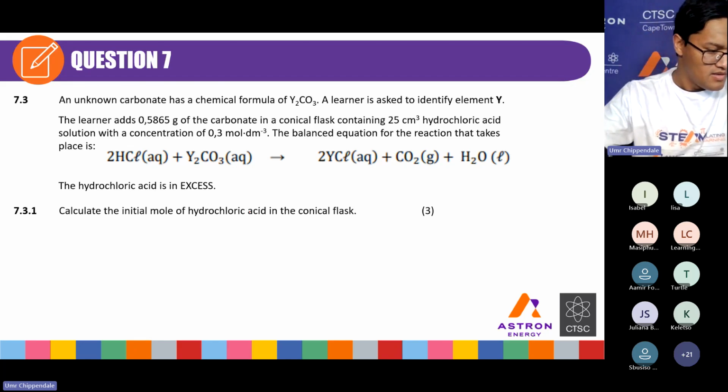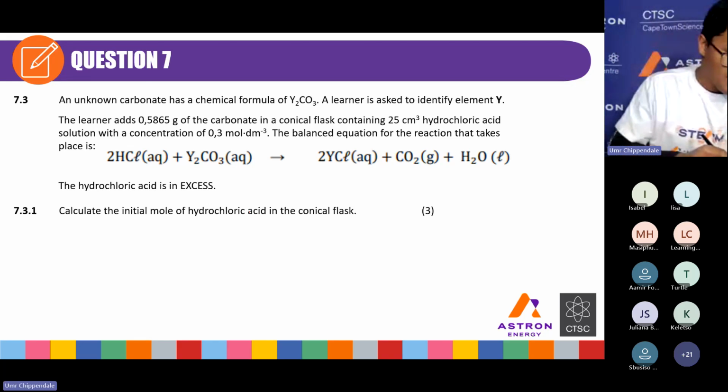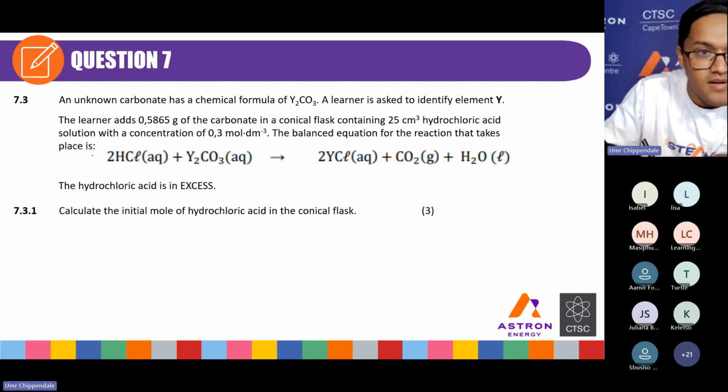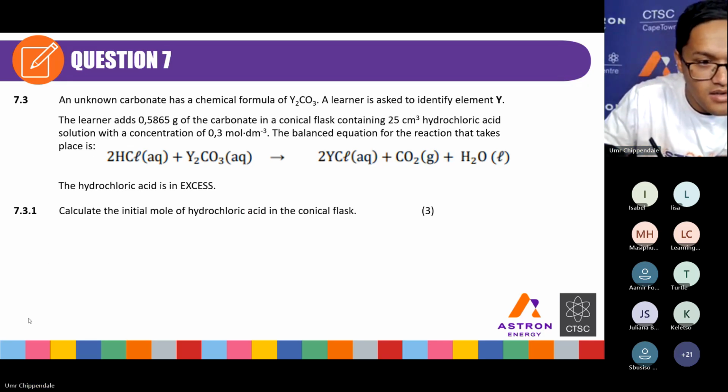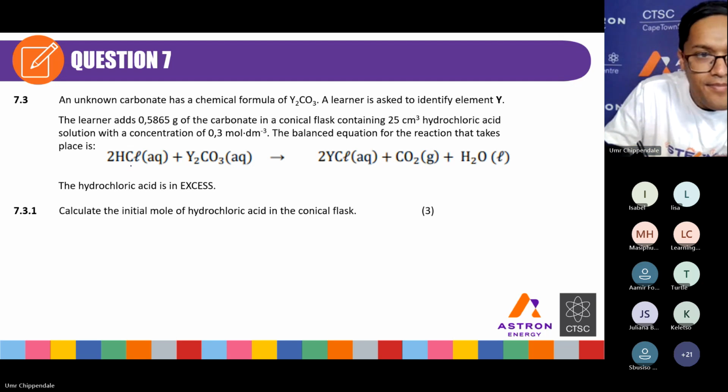Even though this is worth 3 marks, there's quite a bit we have to do. So let's get my marker out. We can change the color up. Let's maybe go blue. We were given a few things about hydrochloric acid.